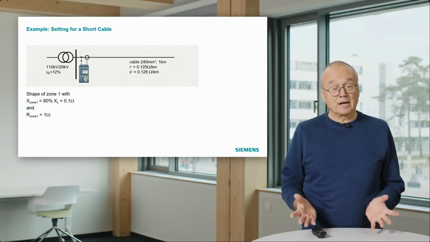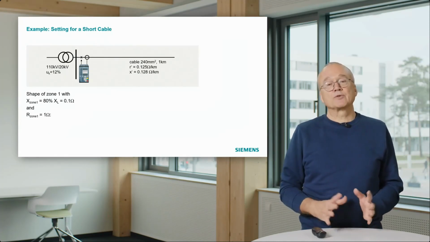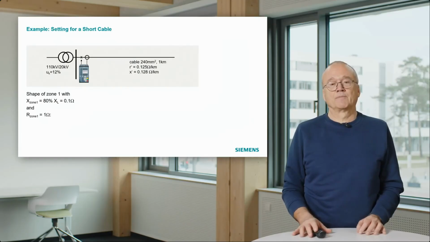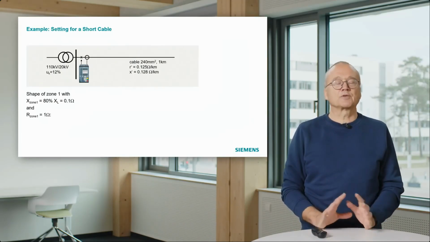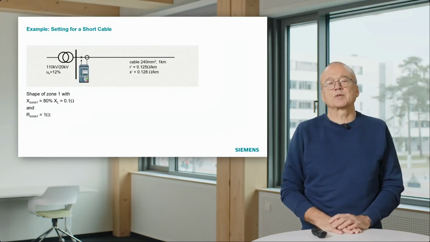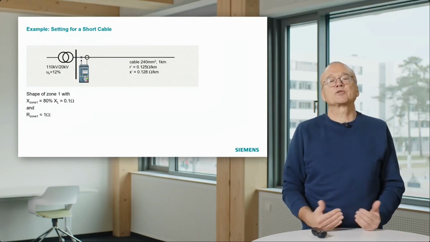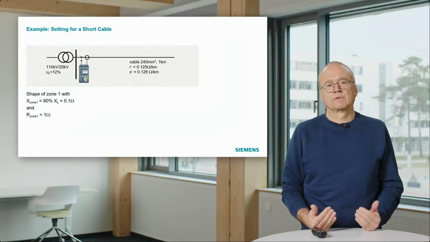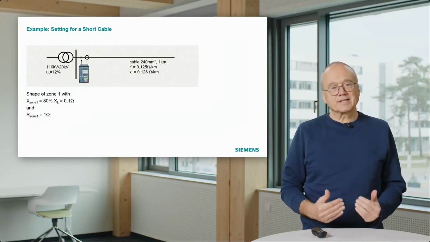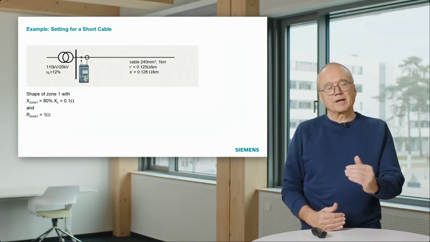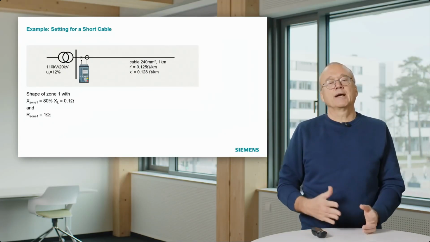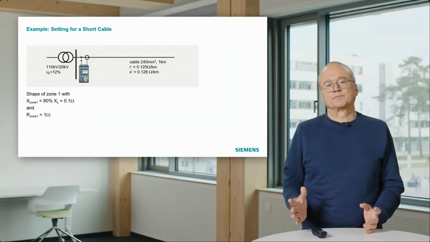What about the R setting? The R setting depends on the fault resistance we want to cover. And let us assume somebody calculated the fault resistances and the setting which results from that. And let us assume the result was 1 ohm. Then we need a setting for the first zone, which has an X value of 0.1 ohm and an R value of 1 ohm.